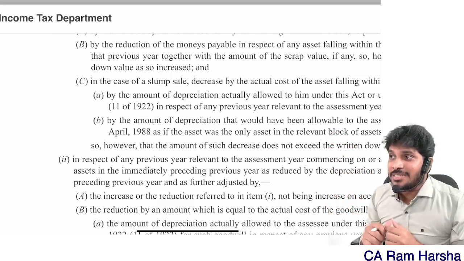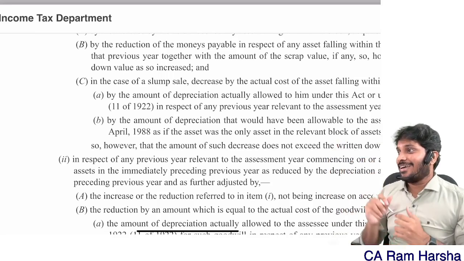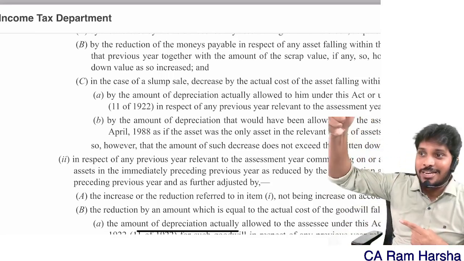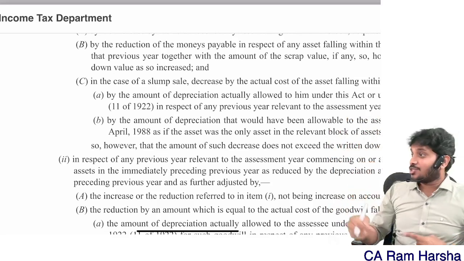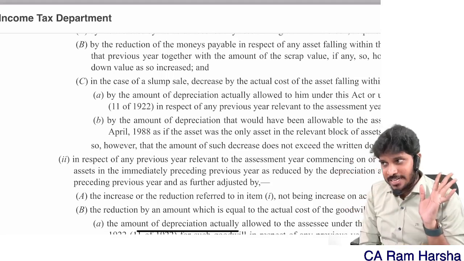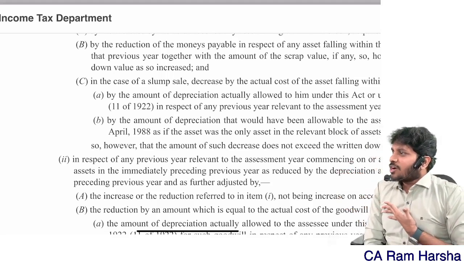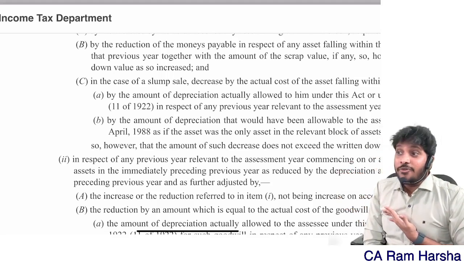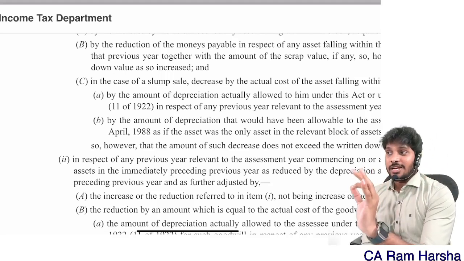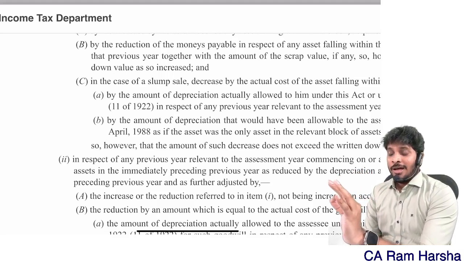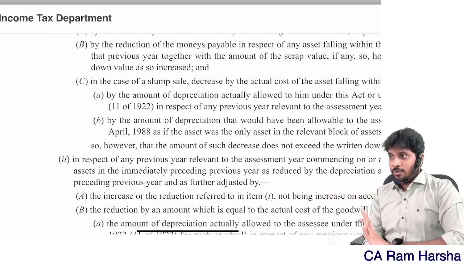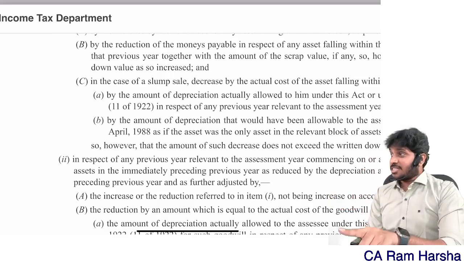Did they consider depreciation in that? Exactly. Depreciation is computed on written down value. So if they say written down value as on 31st March, generally what we understand is that it is before depreciation. In the exam, they will give you written down value as on 31st March, and the current year purchases and sales. They will ask you to calculate current year depreciation and closing balance.